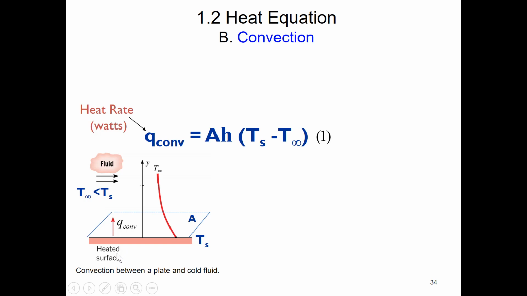We have a heated plate surface at a temperature Ts and an area of A. There is cold fluid passing over the plate. Since there's a temperature difference, there's a convection heat flow.